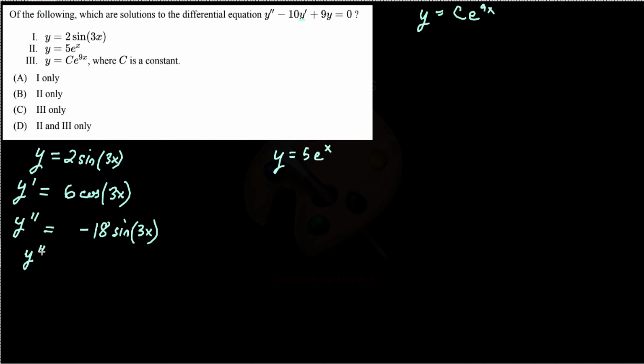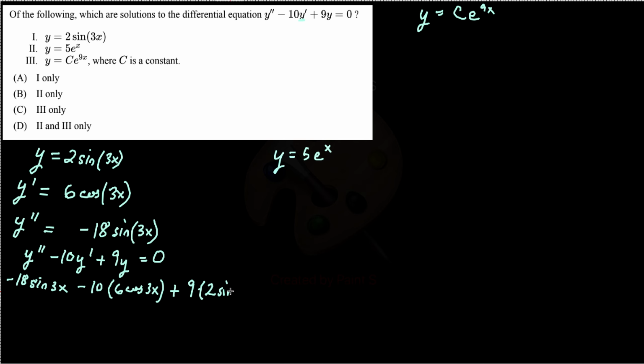My differential equation is y double prime minus 10y prime plus 9y should equal 0. Now let's check. Y double prime is negative 18 sine 3x, minus 10 times y prime, which is 6 cosine 3x, plus 9 times y, which is 2 sine 3x.